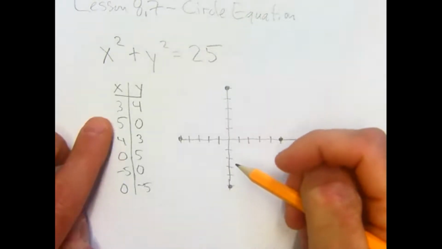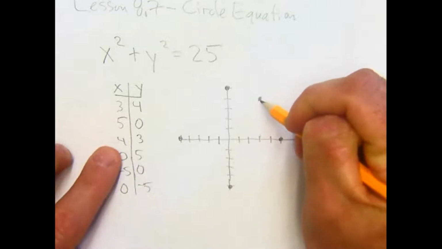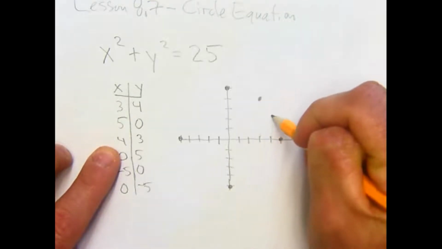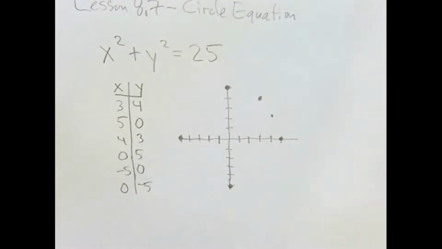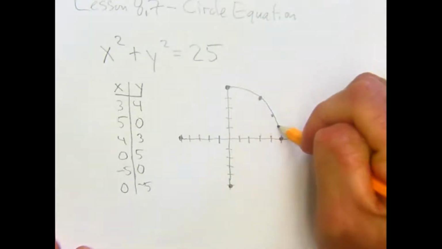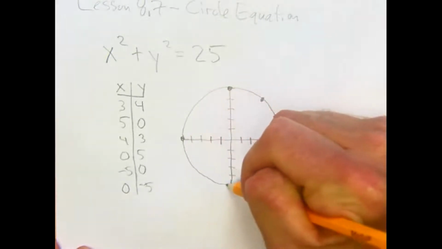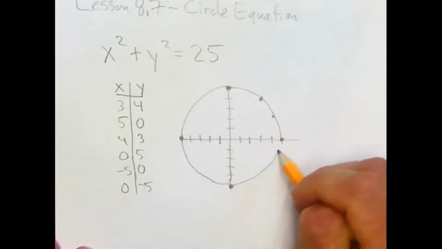You could also do the in-between ones like the 3 and 4 if you want to put that in there, or 4, 3. You're actually going to get a circle here. Do you see a circle? Try to graph that circle out carefully.